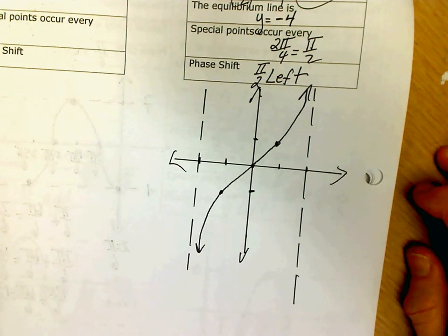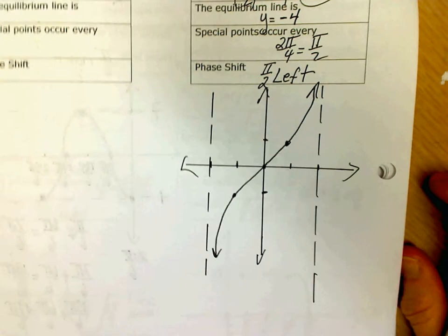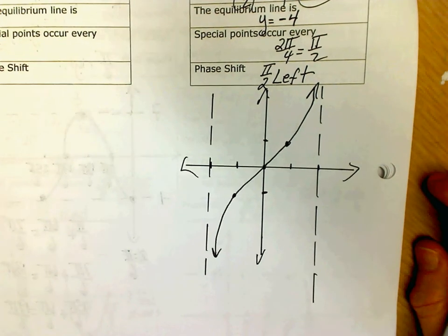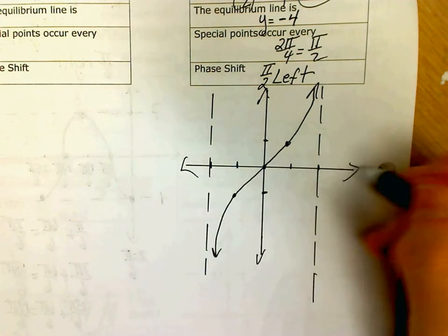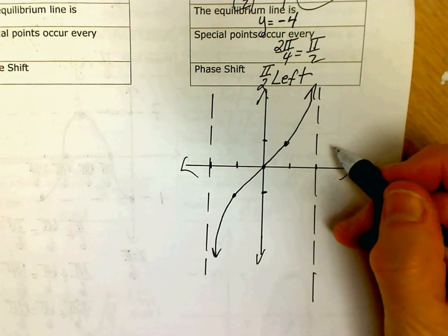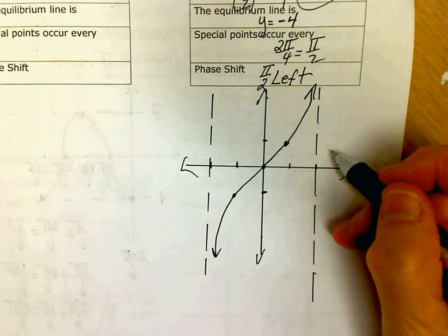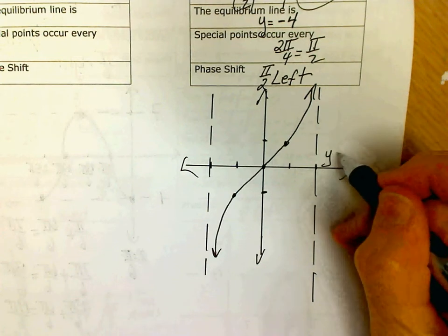Okay. This horizontal axis, how will I label that? Y equals -4. This vertical axis, how will I label that?